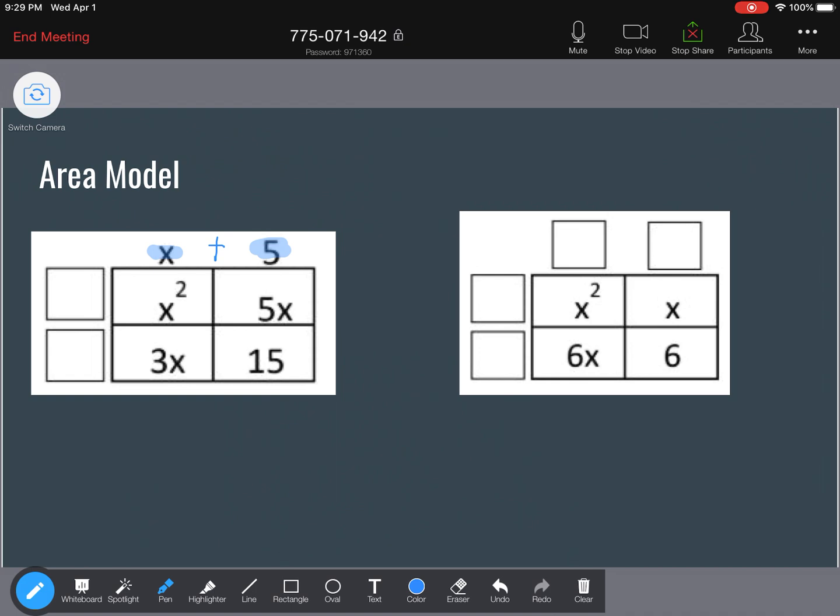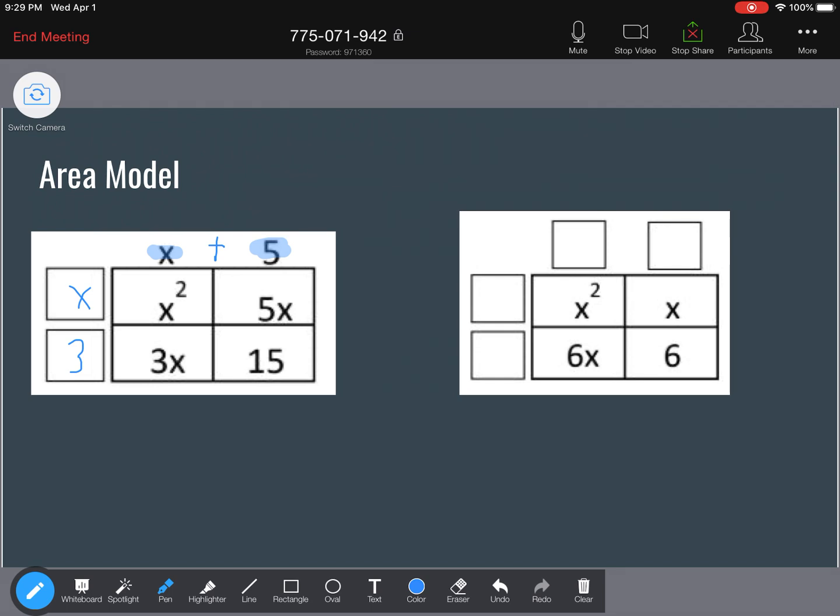So I have x, I need another number or variable that when I multiply it gives me x squared. So I have x there. Down here, I need something that when I multiply it by the x, I get a 3x, so that's a 3. So when you multiply all those out, you get x squared, 5x, 3x, and 15.